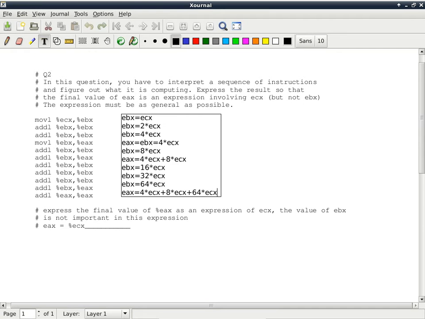And then we have one final instruction to double EAX itself. So if you double EAX again, that means it becomes 8 times ECX, which came from the 4 times. The 8 times becomes 16 times, and then the 64 times becomes 128 times.